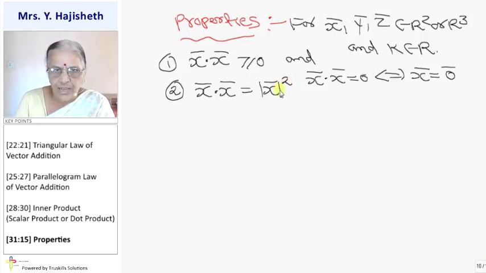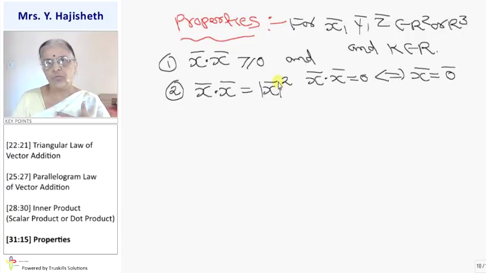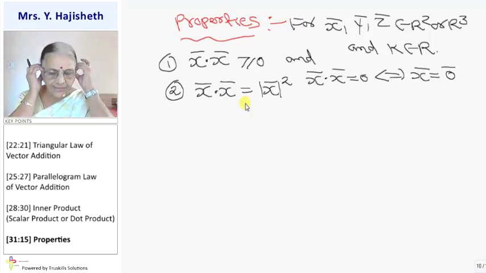I will use this second property whenever you want to open the modulus sign. When you want to remove the modulus sign, you take help of this dot product. Clear? To prove any result on modulus, we use this second property because it will help you a lot to open the modulus sign.